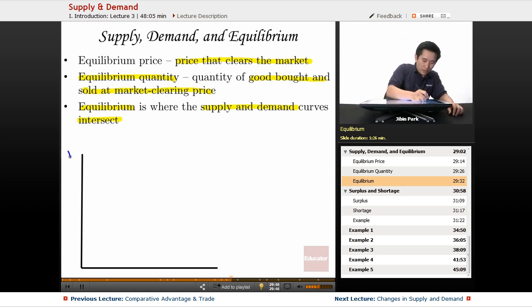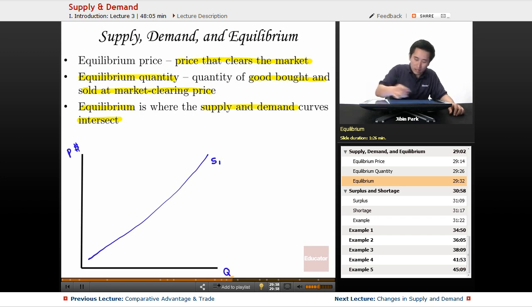So if you have the price right here, or the dollar sign right here, and then you have the quantity, and you have a bunch of points here that are sloping upwards, and this is supply. And then you have a downward sloping demand curve here. What this means is that the equilibrium is the point at which supply and demand equal each other. So this would be Q1 and then P1, and this is E1 here.